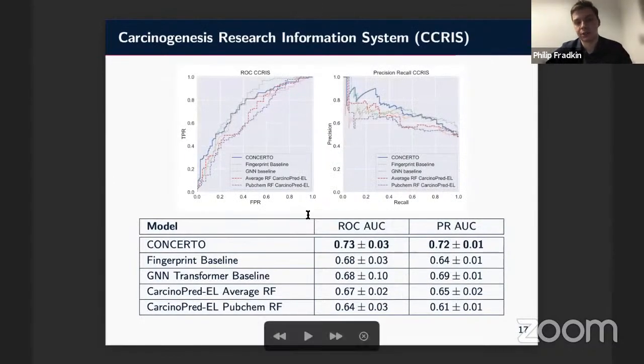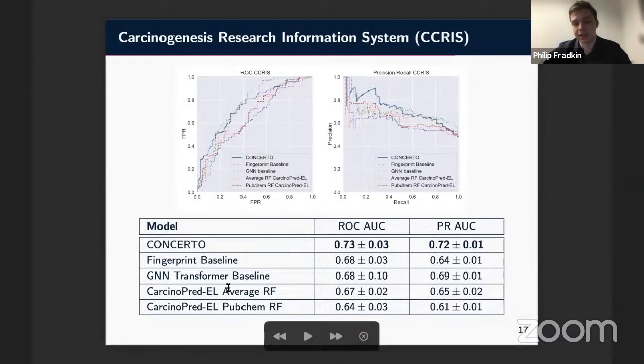And then these are our results for CCRIS, our external validation test set. In addition to the previous models, you notice that here we evaluate against Carcinopred-EL. This is another work that models carcinogenicity, and it was trained on CPDB.